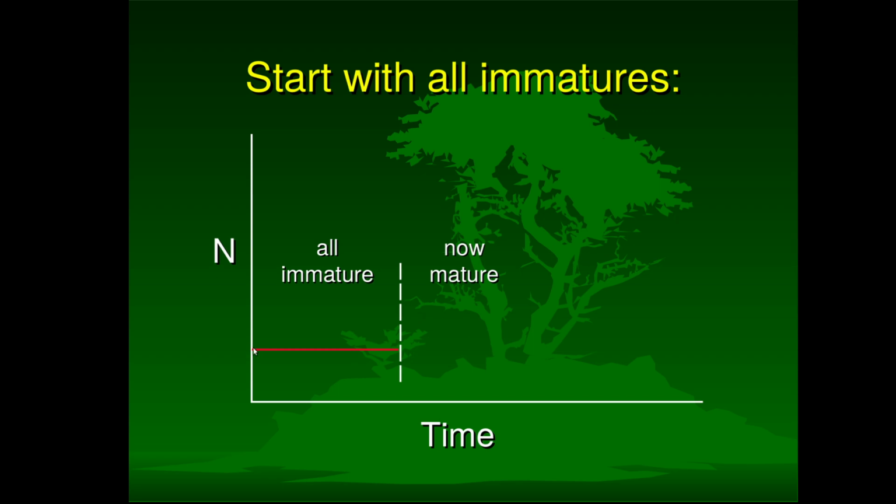Then the rate of increase in the population would be 0 or slightly negative until those individuals grew up to reproductive age. And then it would eventually settle into the expected quantity r times n, little r times n. So now we have exponential growth, now that we have reproductive age individuals in the population.